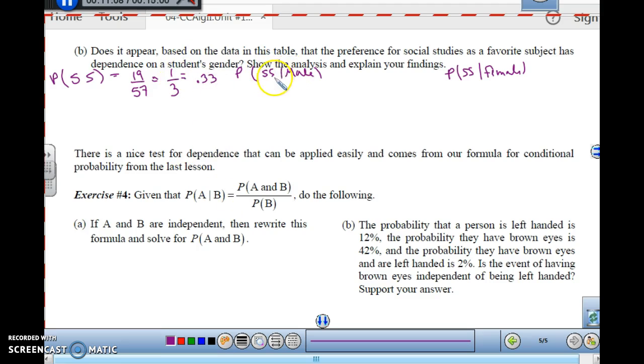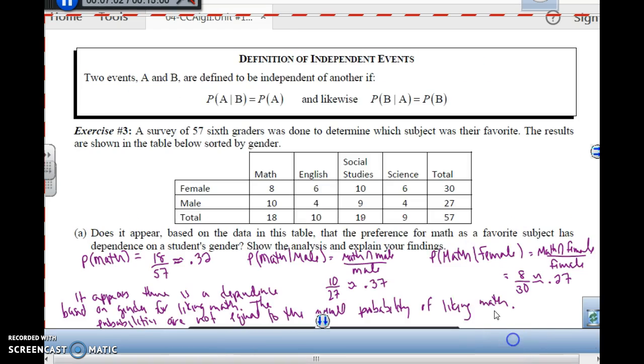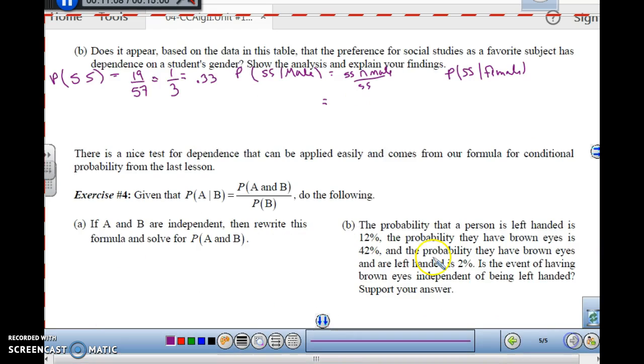Okay, probability of liking social studies if you're male. Remember, that is social studies and male out of the number of males. Social studies and male would be 9 out of 27.